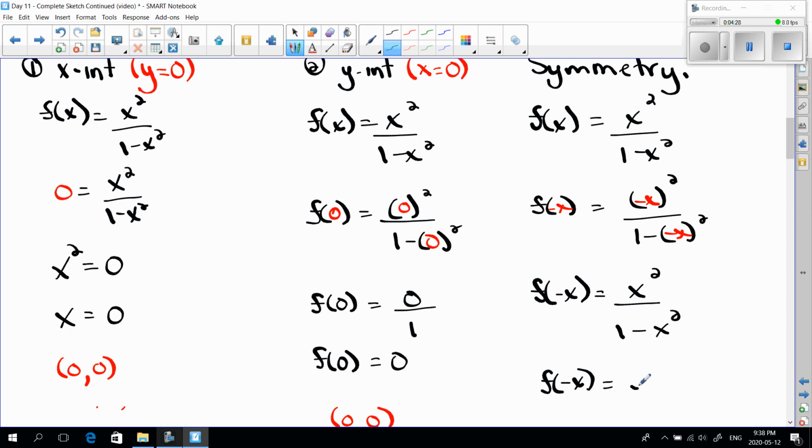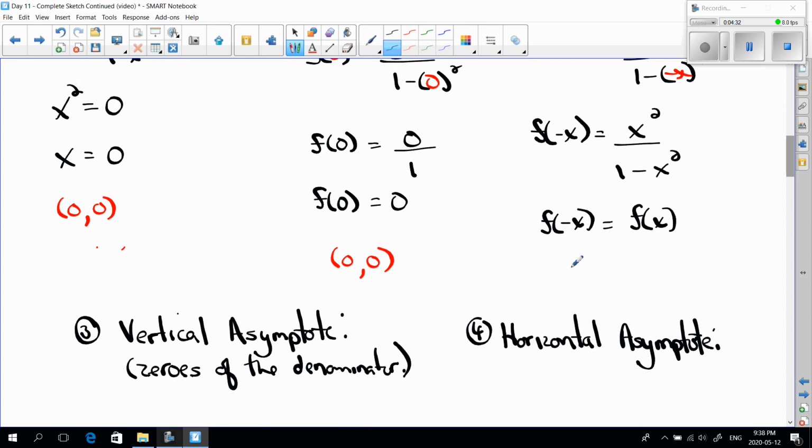So we can say f at negative x equals f of x. That means the function is even. And if it's even, it is symmetric about the y-axis. So you could draw everything to the right of the y-axis and then just flip it across.